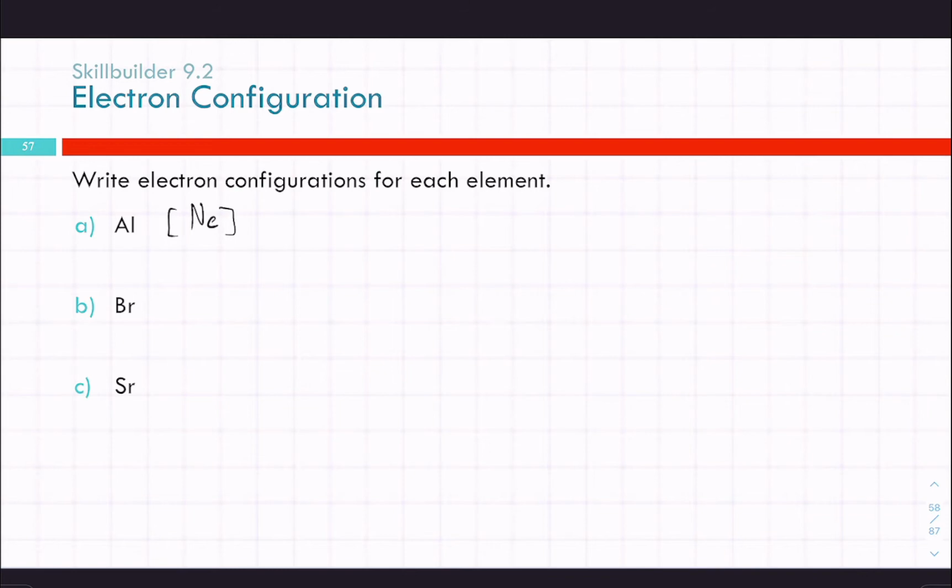And then the only things between aluminum and neon are going to be sodium and magnesium. So it's going to be our, again, 3s2, and then 3p1. So essentially we're saying start from neon, and then these are the orbitals that are filled in.